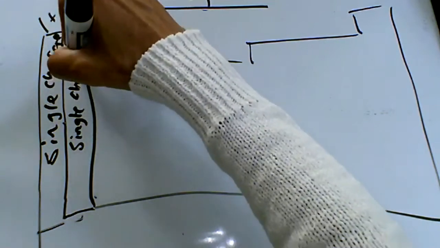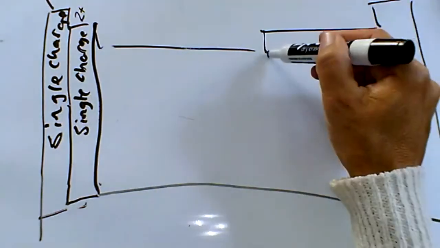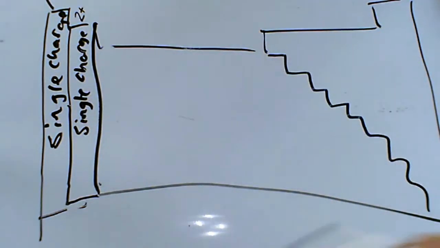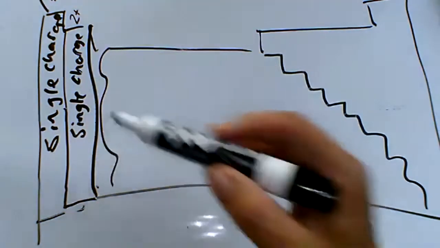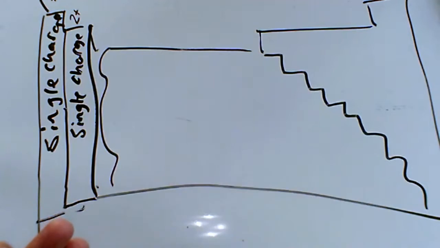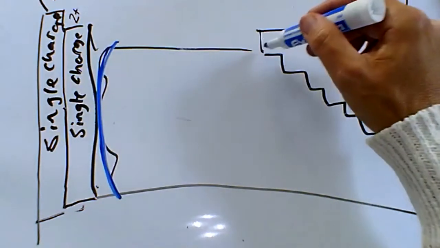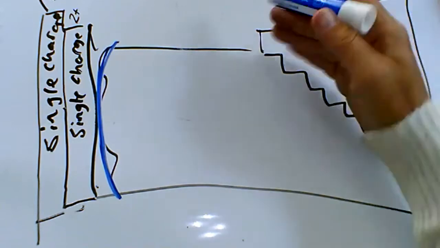Now, what you should start realizing is there's a little stair step here, which separates our metals from our non-metals. Most of these here are no longer metals, they're non-metals.